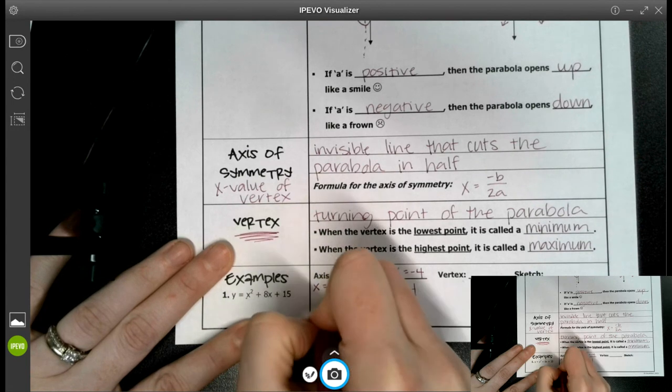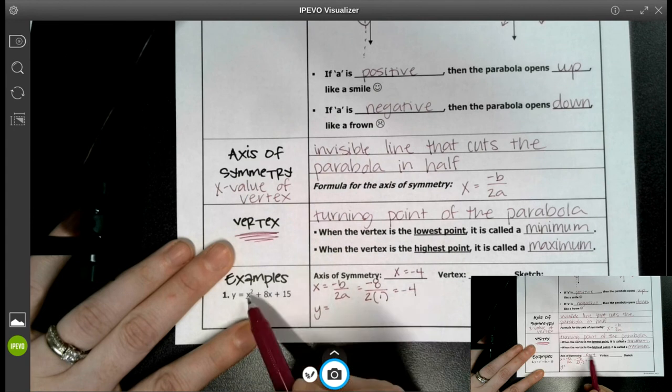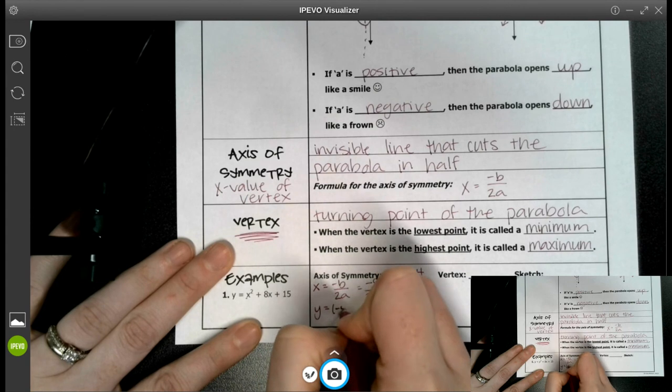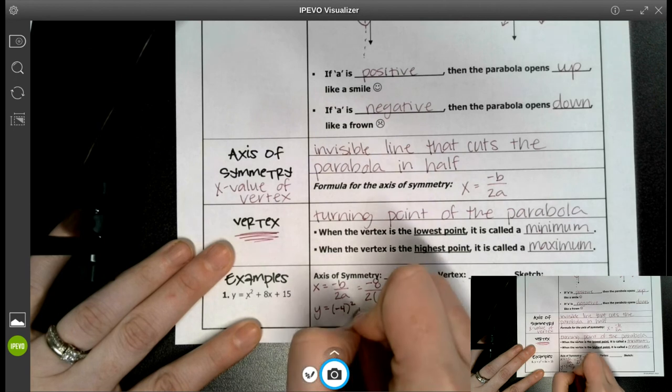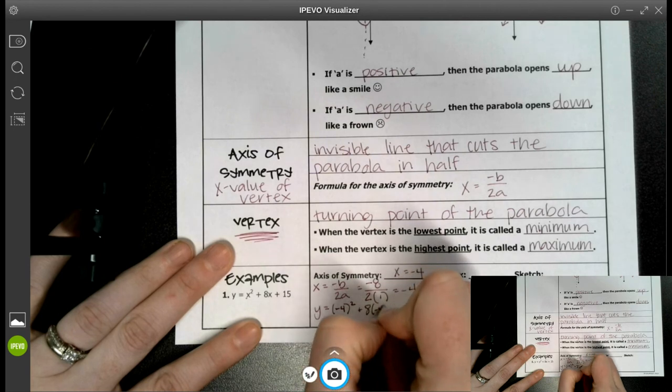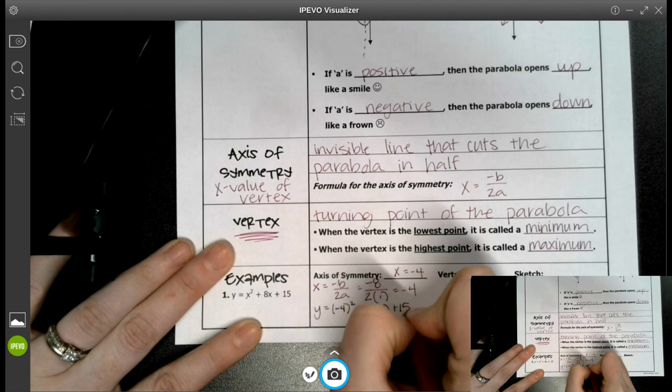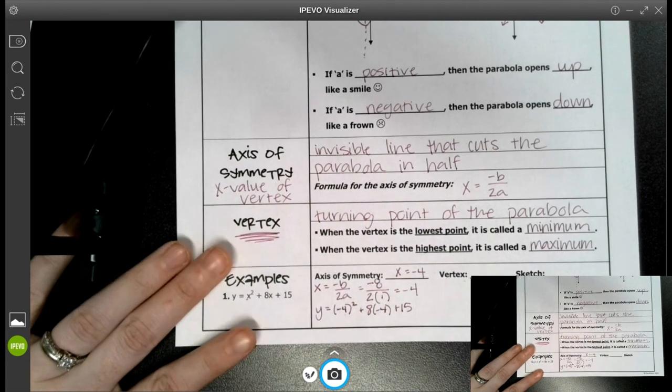So if I've got y equals negative 4 squared, I'm going to put negative 4 in parentheses and then square it because I want my calculator to read this as negative 4 times negative 4. Then I'll do plus 8 times negative 4 plus 15. Okay, now I can do this in my head.